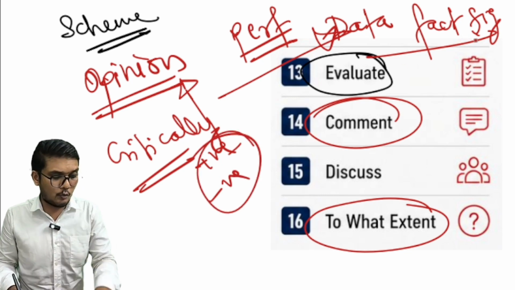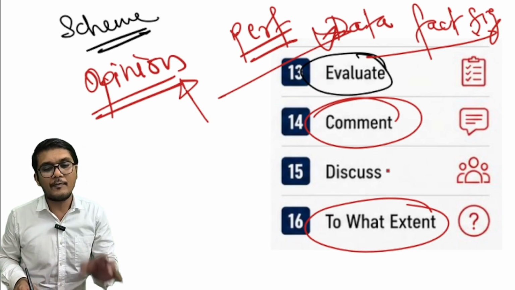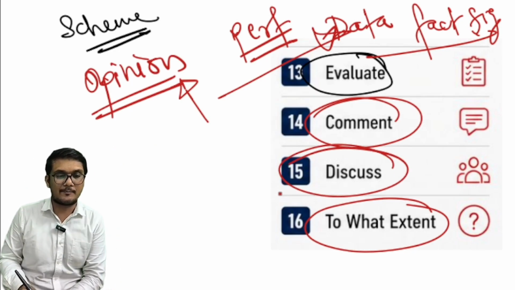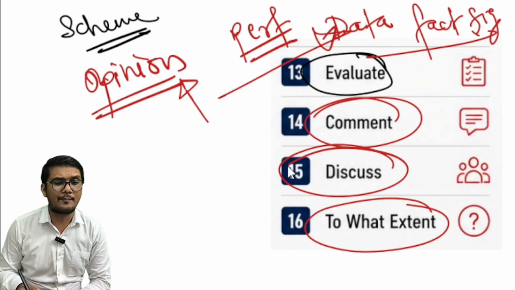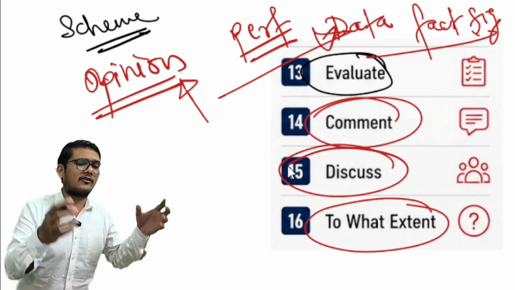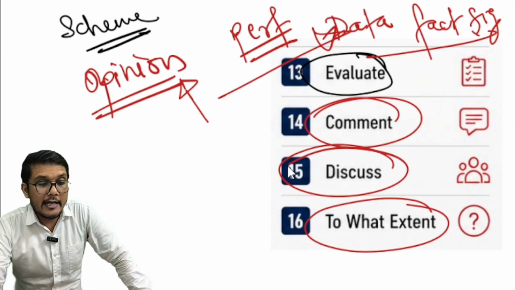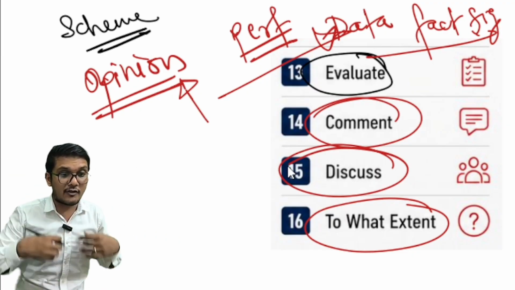Now let's come on to the last, but probably the most important and the most holistic word that is there, that is discuss. Now let's say, for example, I give you a question with respect to anything. Let's say a cricket. I asked you to discuss with respect to yesterday's cricket match. If I ask you to do that, then what you will do is you will discuss the positive, the negative, the issues, the challenges, and the solution.